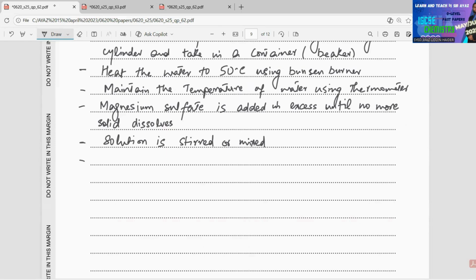Then the solution is filtered to remove undissolved magnesium sulfate, or the mass used is known.